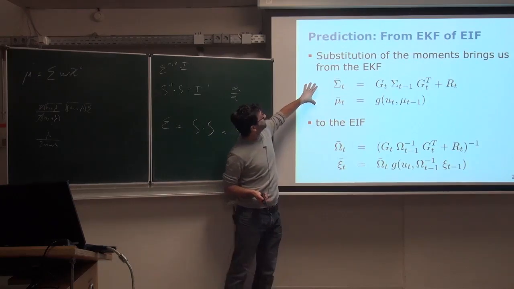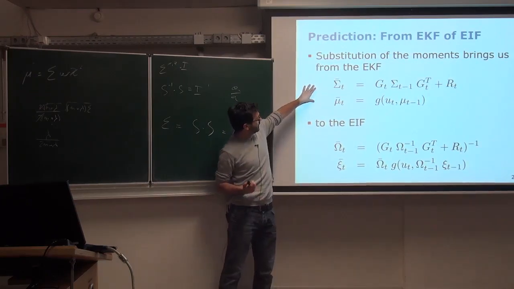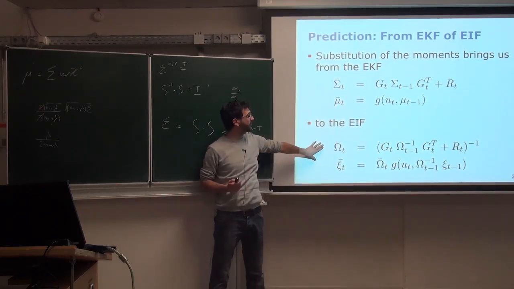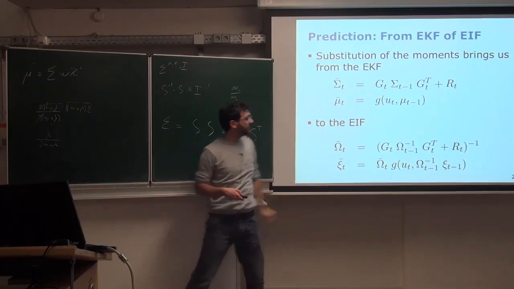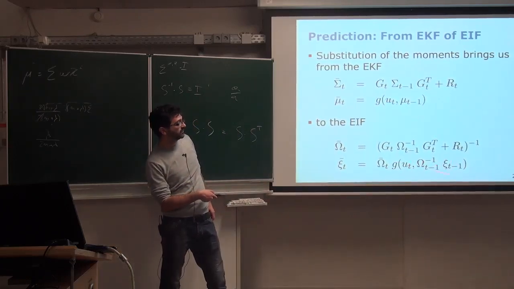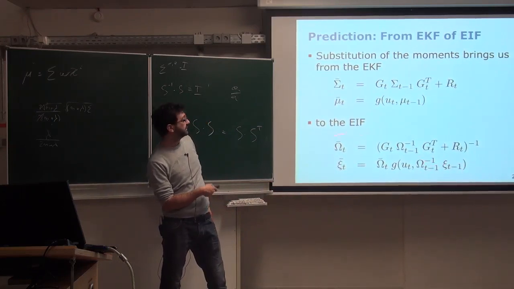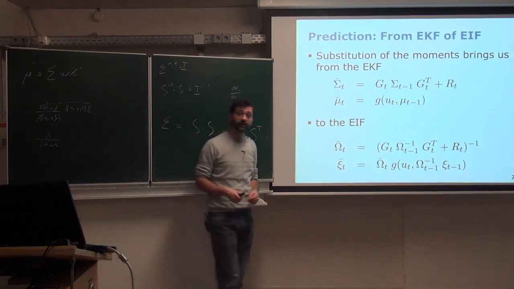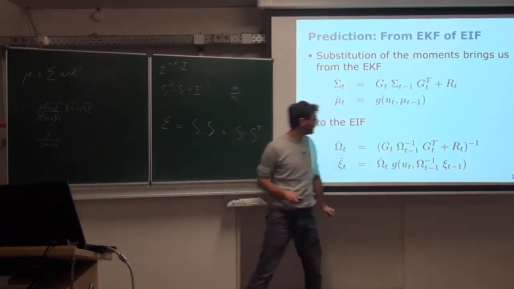So from the formula of the extended Kalman filter, we can get back to the extended information filter, but since we need the mean to do the linearization, we need to extract the mean in this part. And the update of the information matrix is the same as the linear case, where we replace the function g with the Jacobian capital G. Okay?